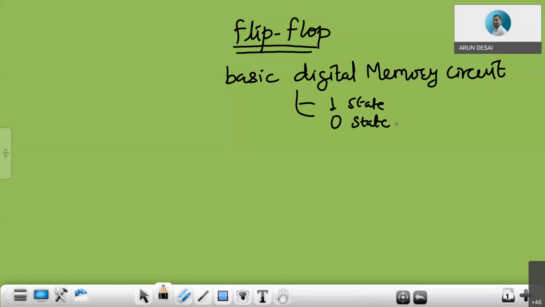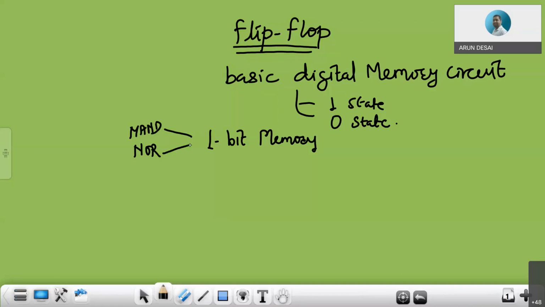So in the last lecture, I think we started with the one bit memory cell. So one bit memory cell is basically a cross-coupled inverter. For this, we are using either NAND gate or NOR gate, right, to form a one-bit memory cell.